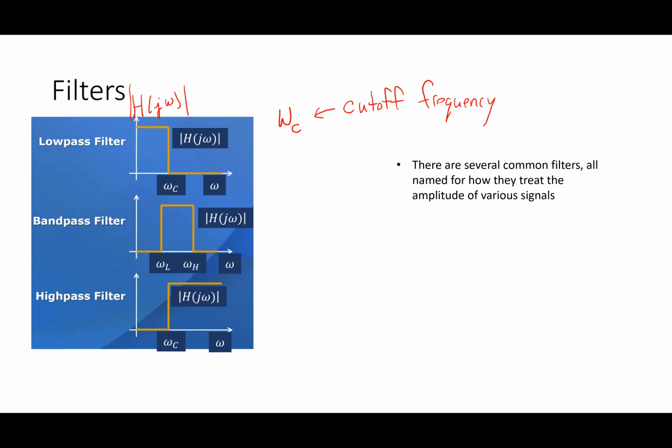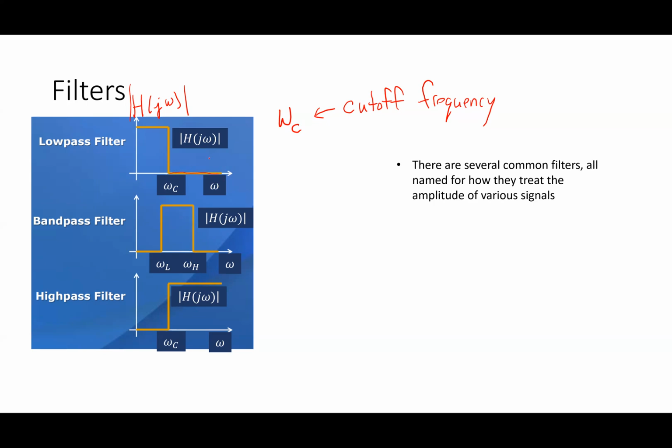Cutoff, because if you look at my ideal low-pass filter, what frequencies does it pass? Well, it passes everything from DC to omega c. And then what am I saying out here, ideally, for the magnitude of this filter past that point? Omega is my frequency on the x-axis, so it's 0.